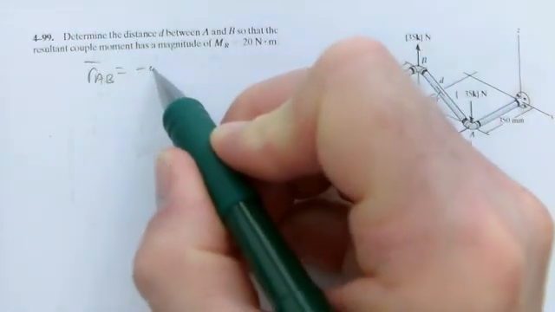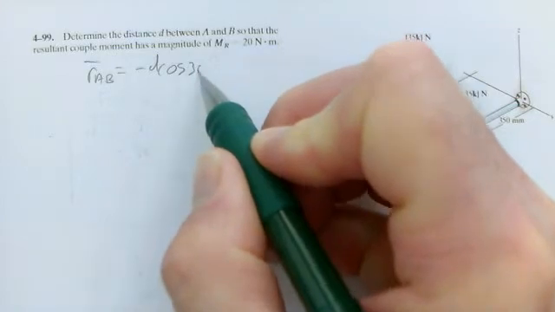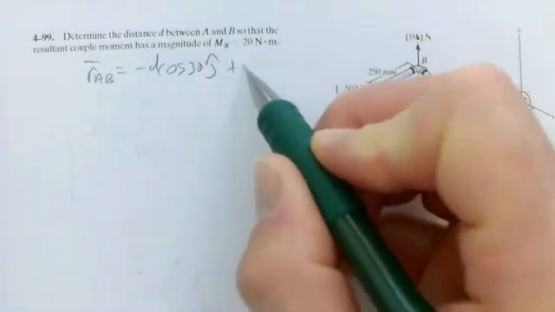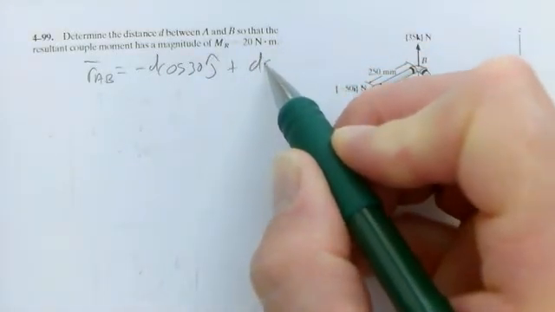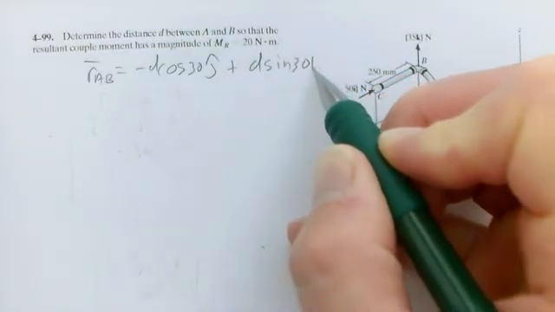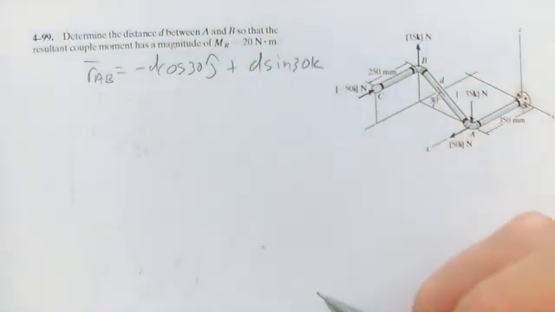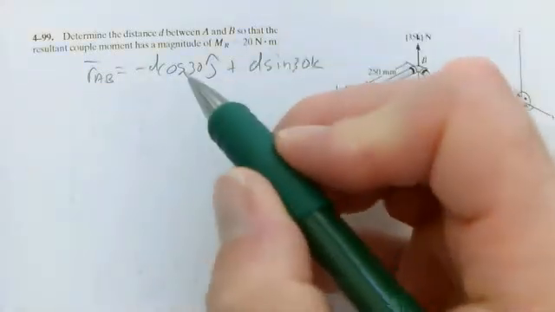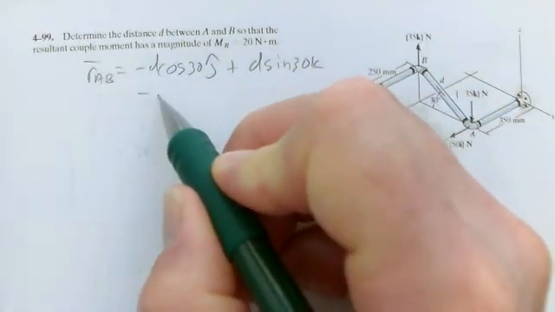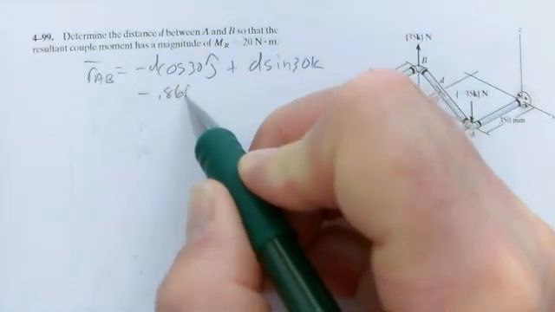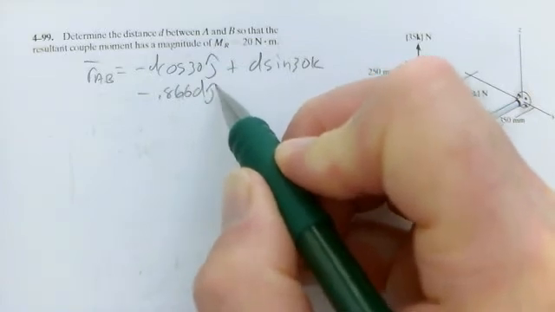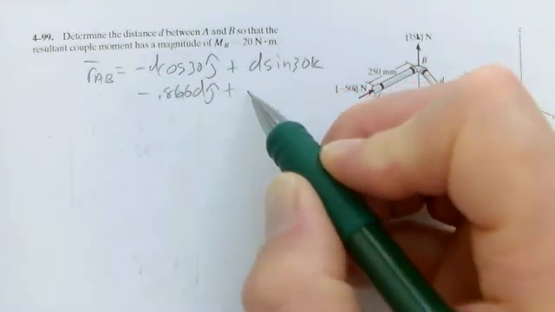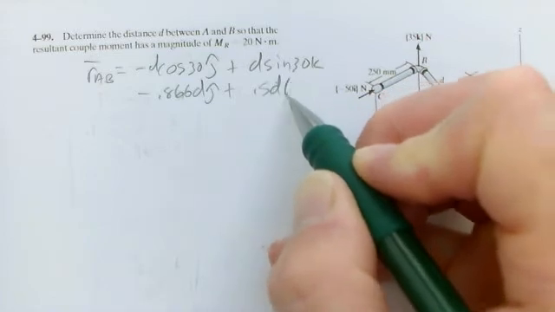So it's going to be negative d cosine 30 in the j plus d sine 30 in the k. So let's simplify that. This is negative 0.866 d in the j plus 0.5 d in the k.